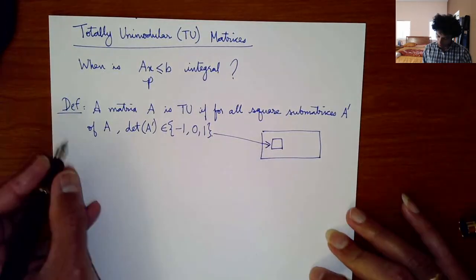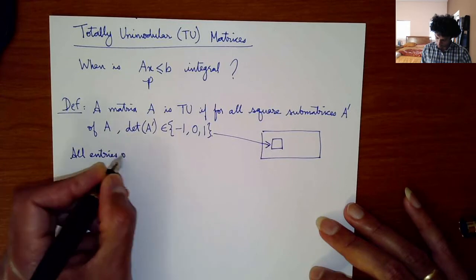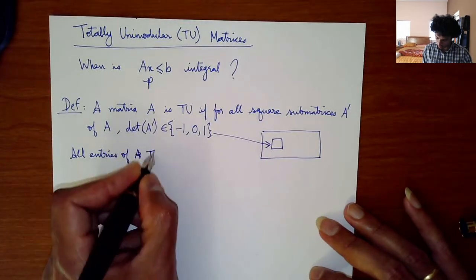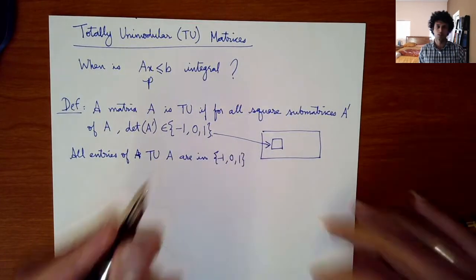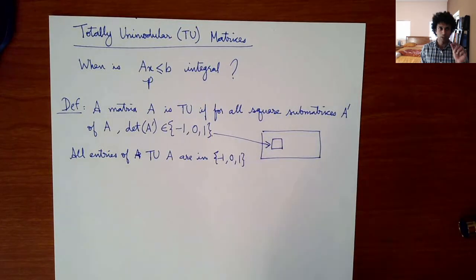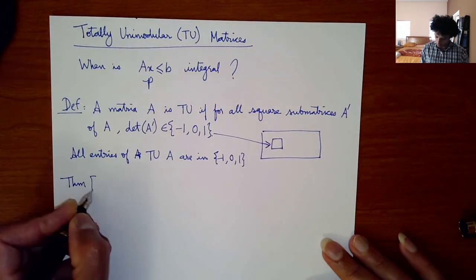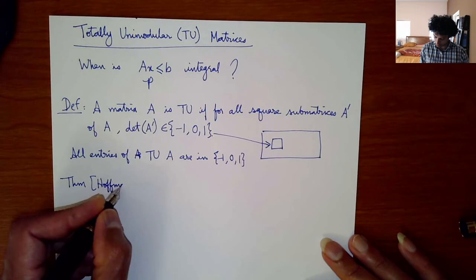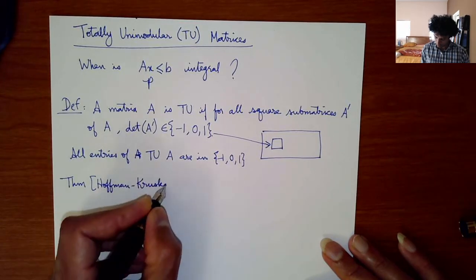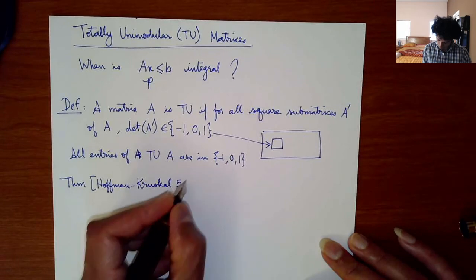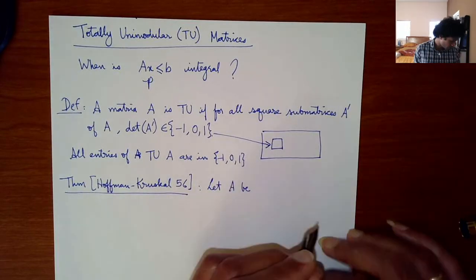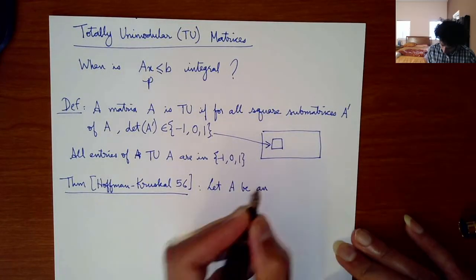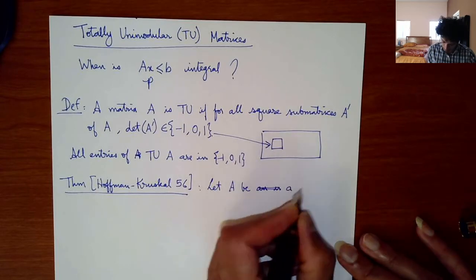Note that all entries of a totally unimodular A are in -1, 0, or 1, obviously, because each entry is a 1 by 1 square submatrix. And so an important theorem in polyhedral combinatorics, of Hoffman and Kruskal from '56, says: let A be a totally unimodular matrix.